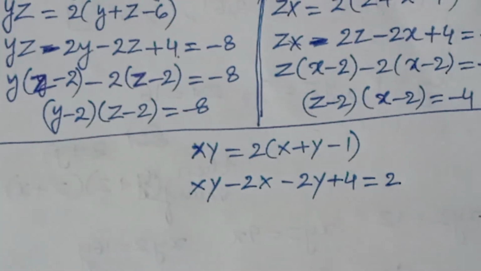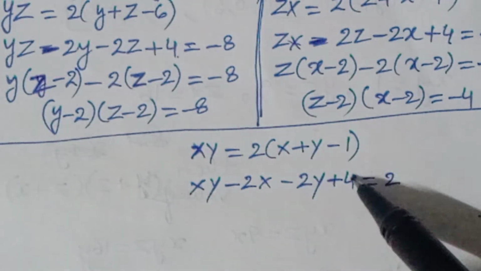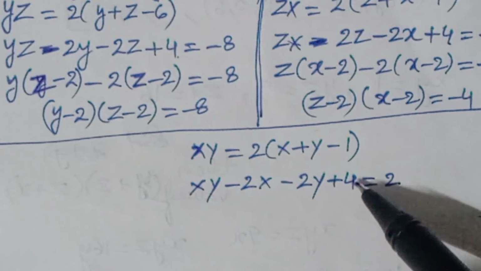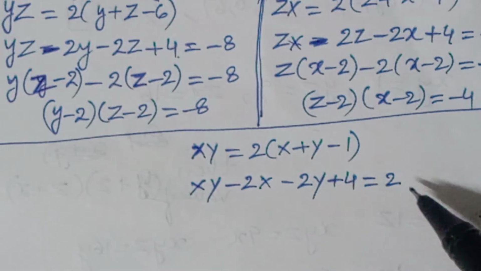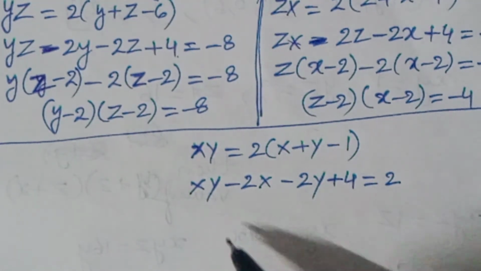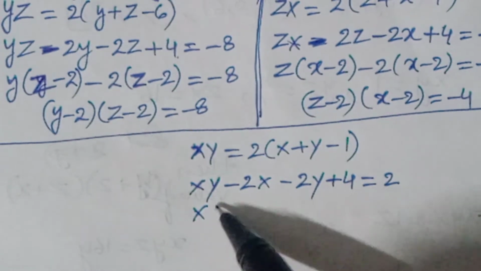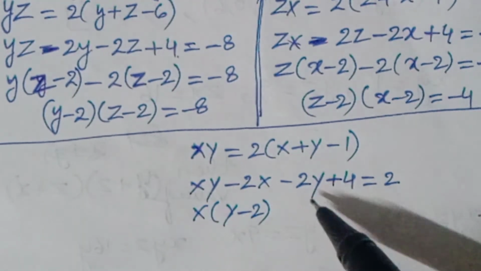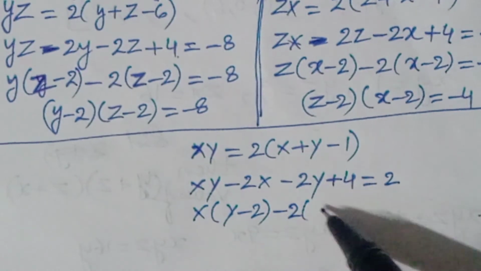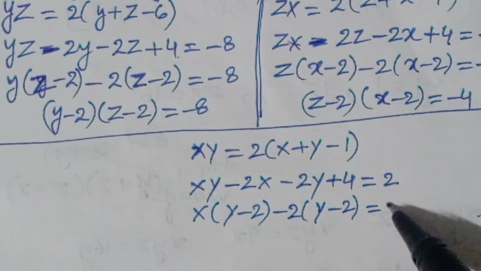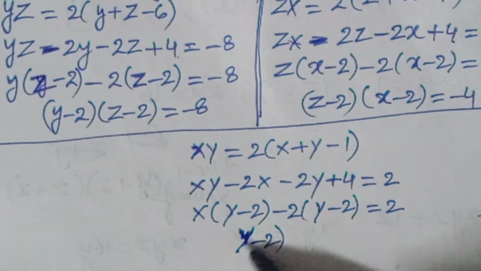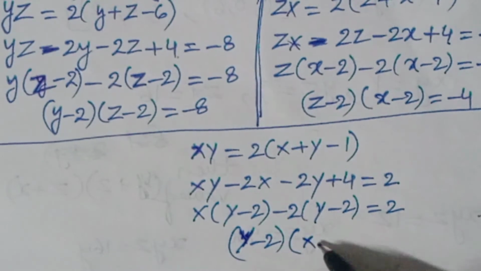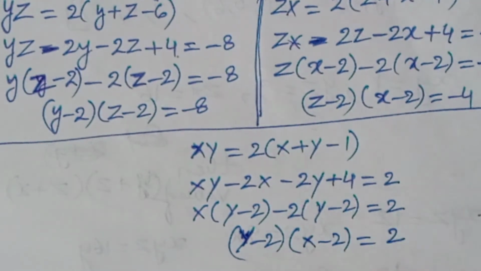Here 2 minus 2 only we will get, plus 4, minus 2 will get 2. So here you can take x common, y minus 2 common, is equal to 2. So y minus 2 into x minus 2 is equal to 2.